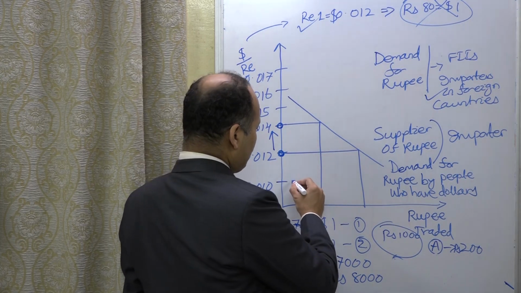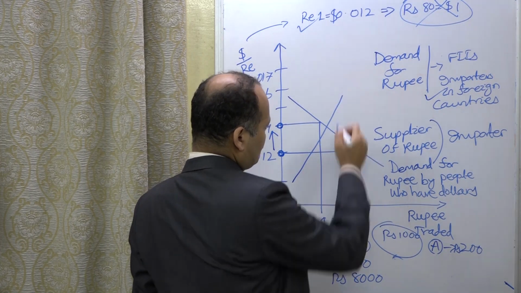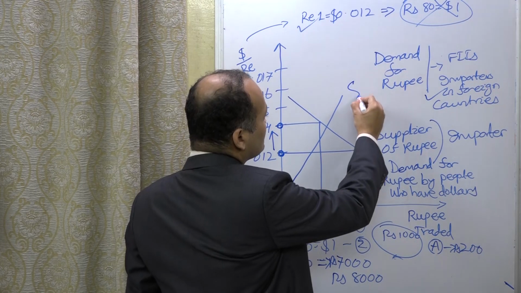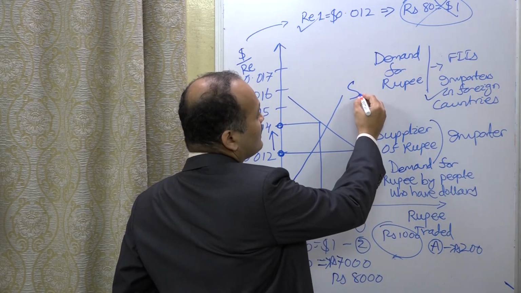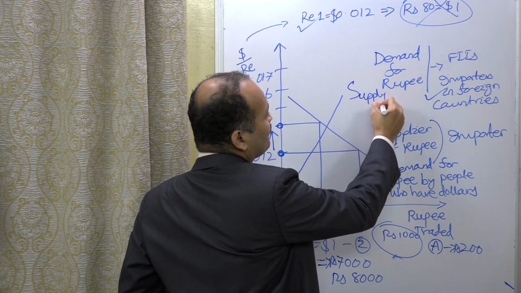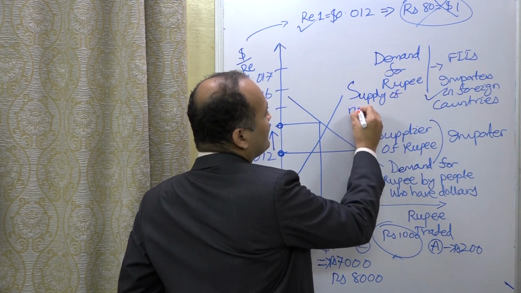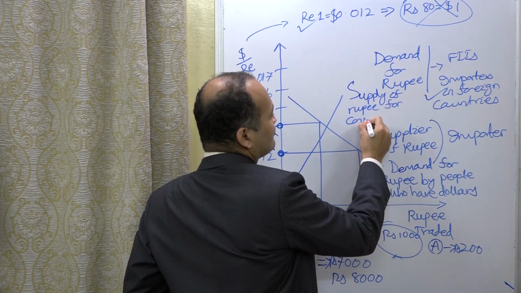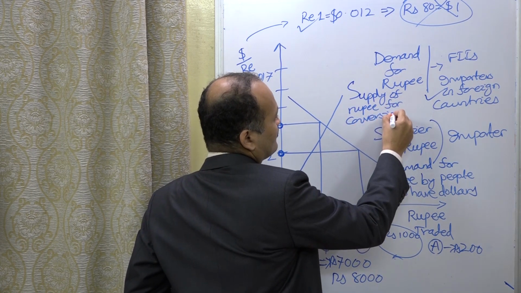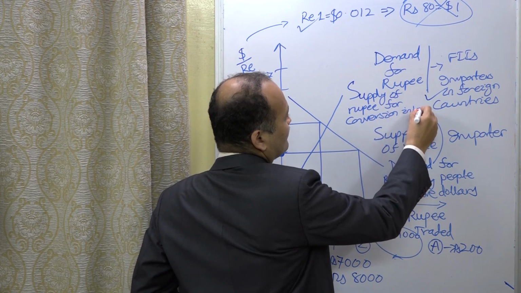So the same fact I can represent by an upward sloping supply curve, which is telling the supply of rupee for conversion into dollars. Okay.